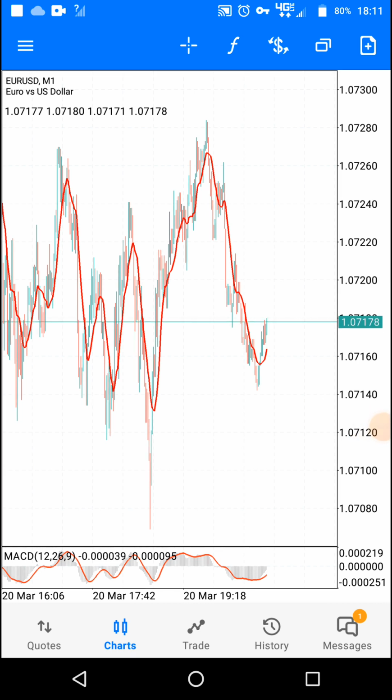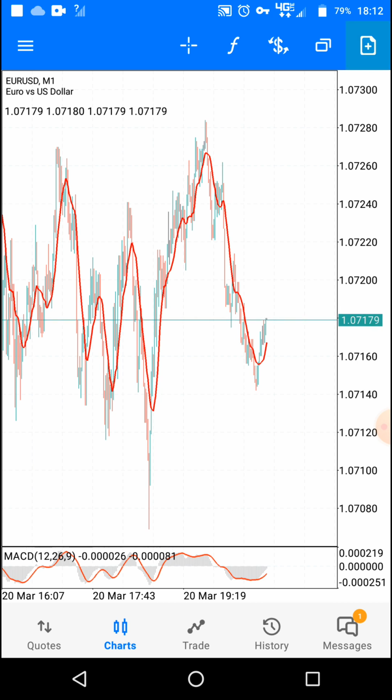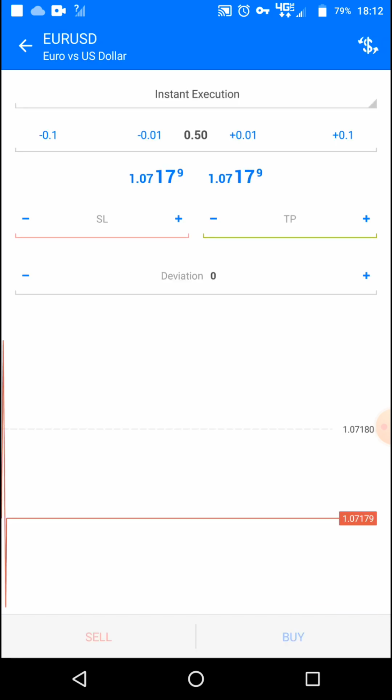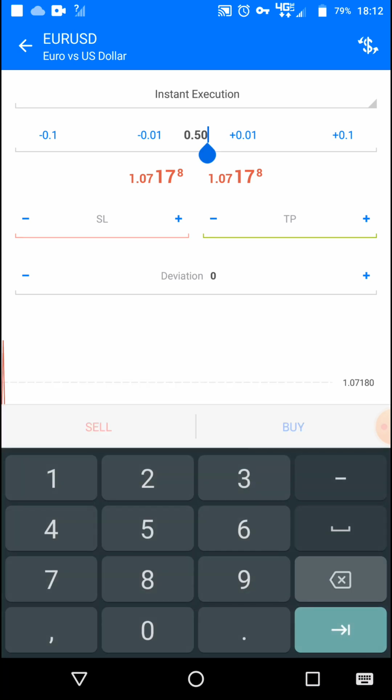Immediately I buy at this price, I'm trying to tell the market that I am buying at a cheap price, because when you are buying something, you want it at a cheap price. Let me execute it so that you guys can understand. When I click on buy, let me clear this thing.